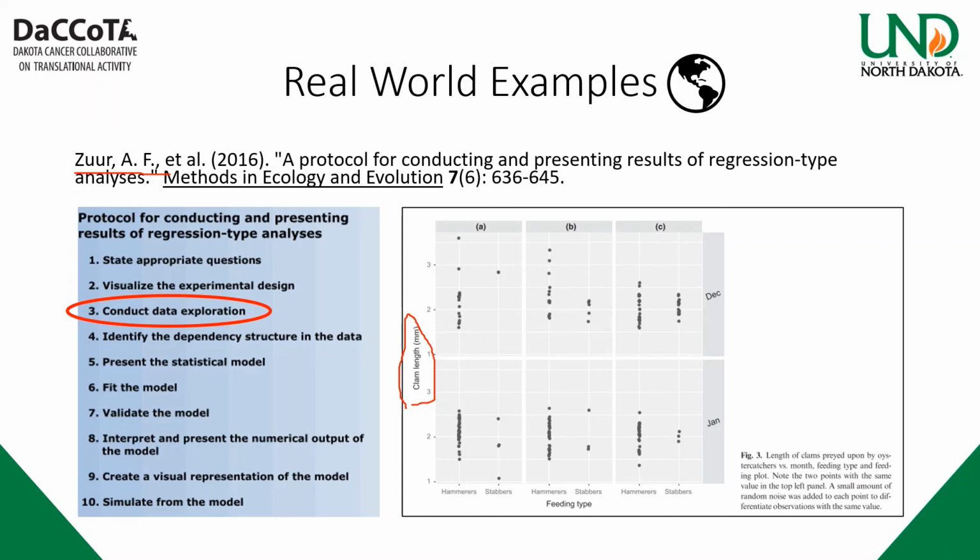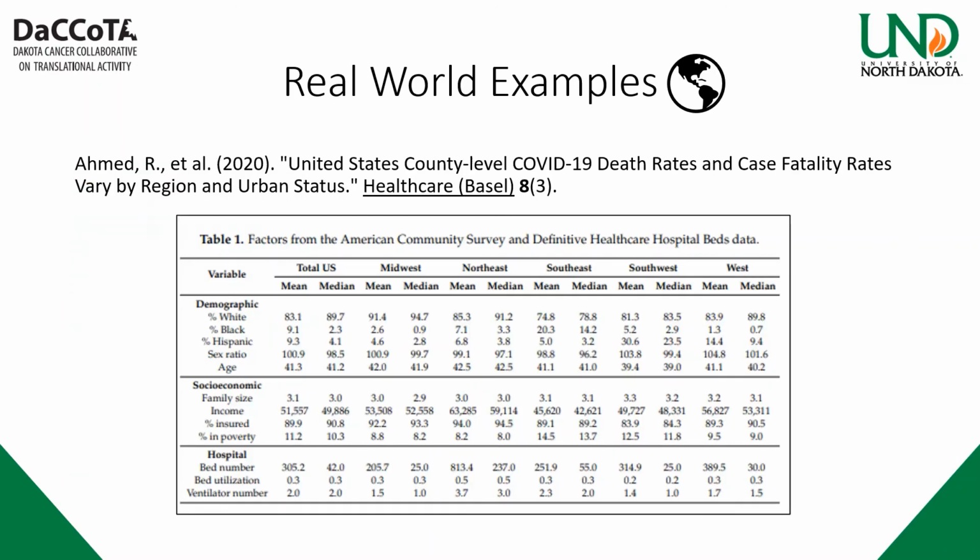These dots show the clam length across different birds, hammers or stabbers, which are oyster catchers. They also have two different months, which is why we have these columns, and then rows for different observations, A, B, and C. So that's a great example.